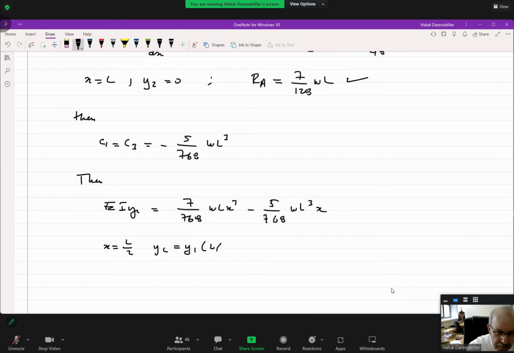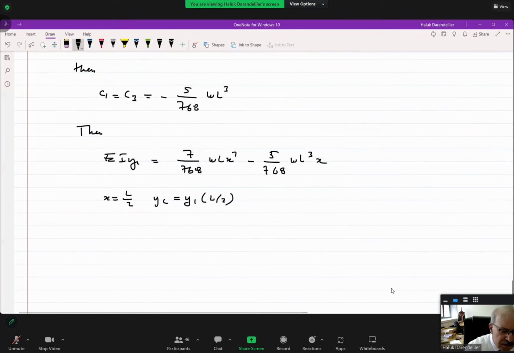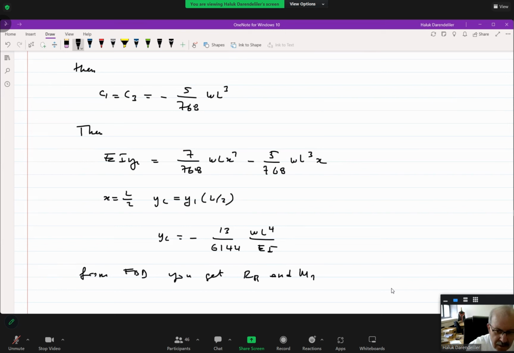Okay. As a result, you can say that Y at C is equal to minus 13 over 6,144 WL4 over EI. Okay. Now, once you know this from free body diagrams, you get RB and M at B also. Any question?